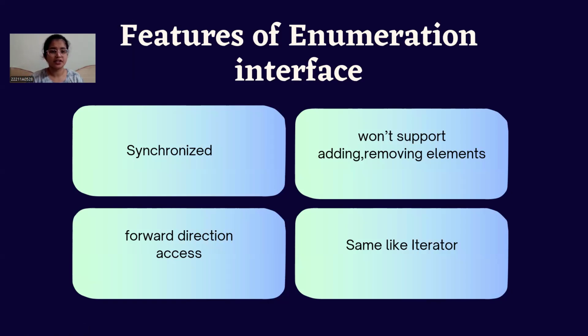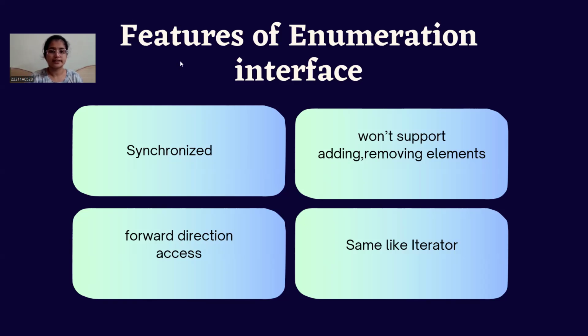Actually, as this is synchronized, it can be implemented in multi-threaded environments too. But when compared with iterator, enumeration interface is preferred, as we can perform operations on the iterator.